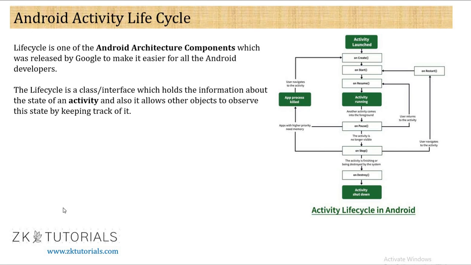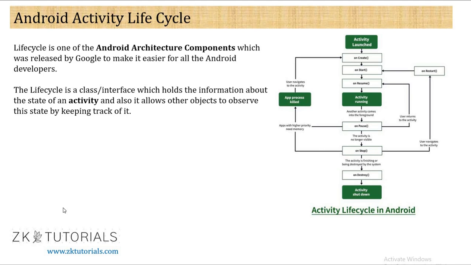So let's start with the new chapter, Android activity life cycle. Basically in Android, Google has introduced a component which is the activity life cycle, an architecture component, and it has been developed to make development easier for the developer.